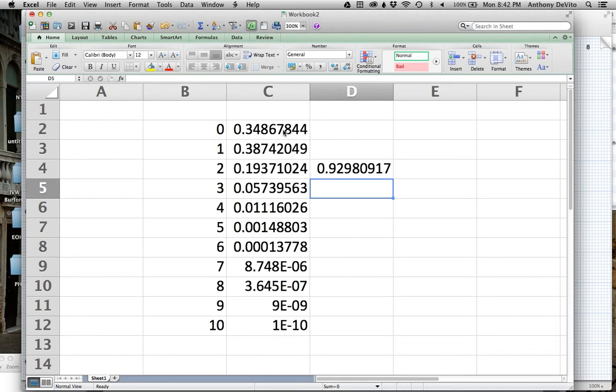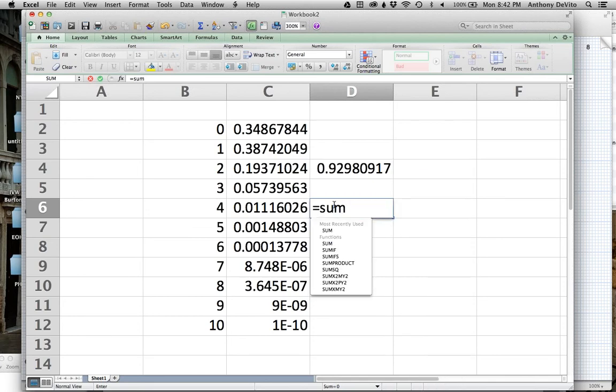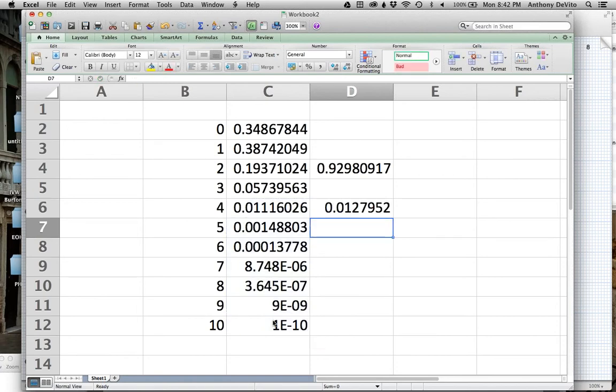Everybody okay with that? What's the probability of getting 4 or more? It's the sum of the probability of getting 4, 5, 6, 7, 8, 9, or 10 out of 10 diabetics. Only about 1%. Okay? So what I'm doing here is I'm taking advantage of Excel, doing this calculation for all the individual probabilities for me.